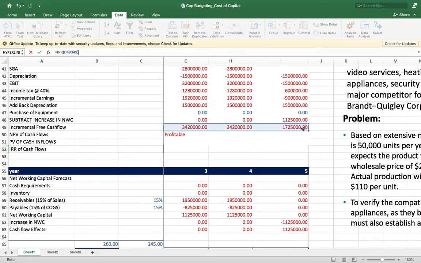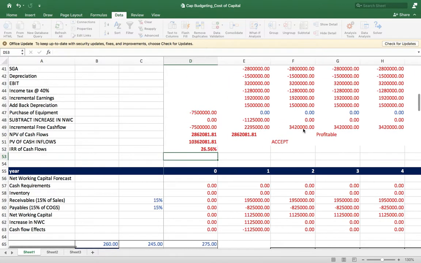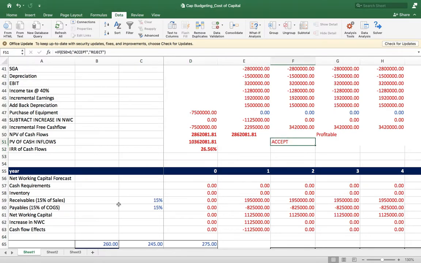Simply the cash flow stream you can show here from the beginning to the end, enter. It will give, if you are accepting this project, 26.56% return. Your cost of capital is only 12%. So accept the project.